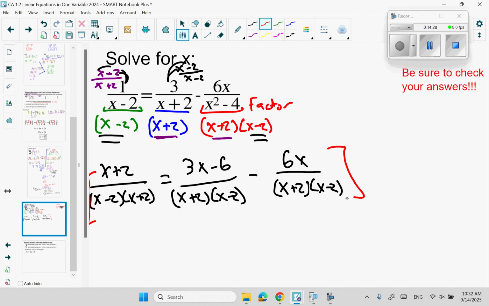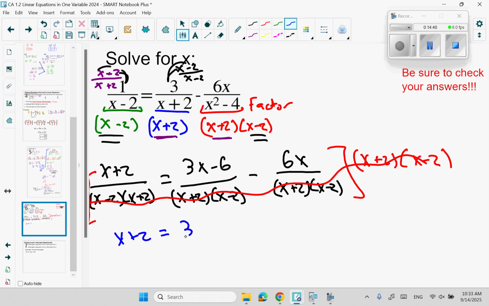Anyway, I can multiply the entire thing by x plus 2, x minus 2, and that's going to cross out the whole denominator. So we end up with x plus 2 equals 3x minus 6 minus 6x. Note that if I had a second thing, for example, if I had the +1, I would have to keep, change, flip that, but I don't, so don't have to worry about it in this case.